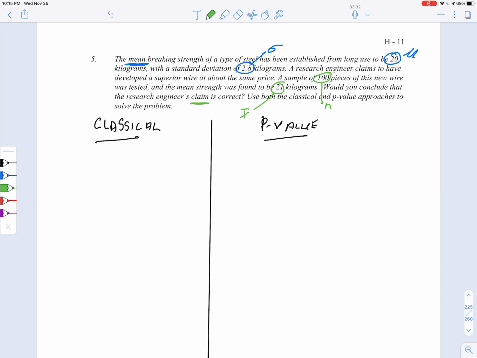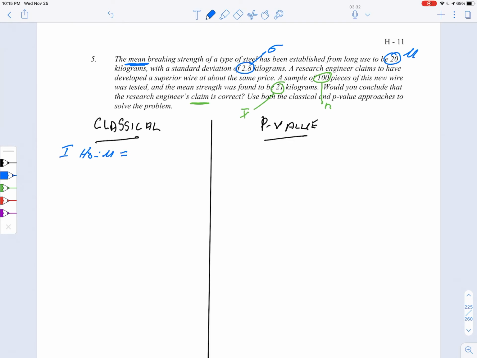Whenever we're talking about a claim, it's a hypothesis test. And then, of course, when you see a statement that says use of both a classical and a p-value approach, you know that that's a hypothesis test as well. But this is a claim being made. So what's the H0 in this particular case? Step number 1.